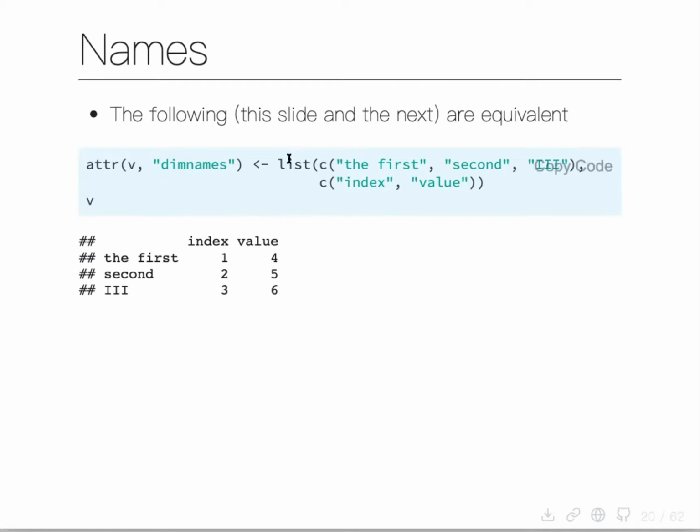And so here I'm passing it a list, and the first element of the list is a character vector that is going to be the row names for that matrix, and the second character vector is going to be the column names. Okay, so that's pretty straightforward, and now our matrix has more attributes. It has a dim attribute, dimensions, and it has a dimnames attribute.